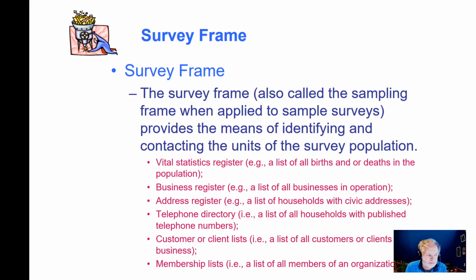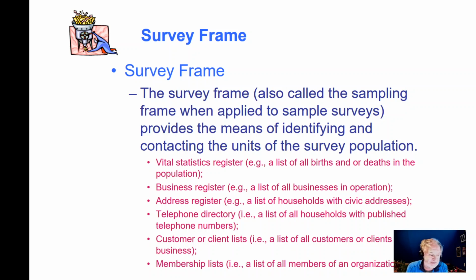Telephone directories. Before cell phones, if you were doing household sampling, you could buy, say from Bell Canada, all of the residential landline numbers for the province, and it would give you the landline number for the household. Then, if you're doing household level information, you can randomly call those numbers.